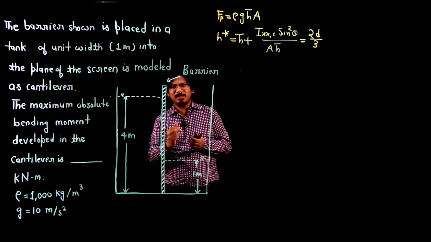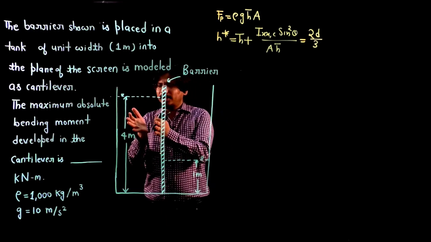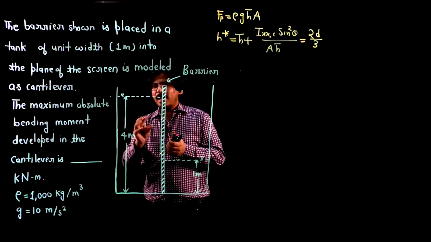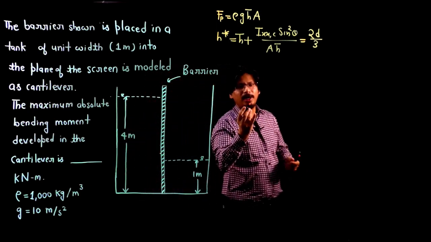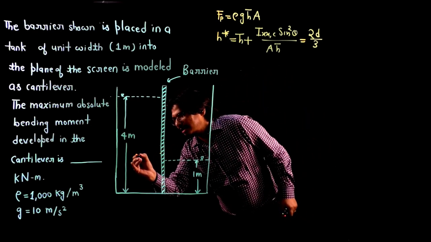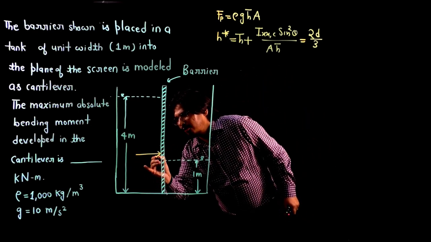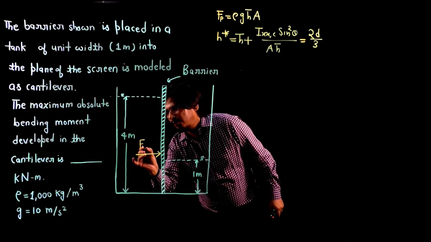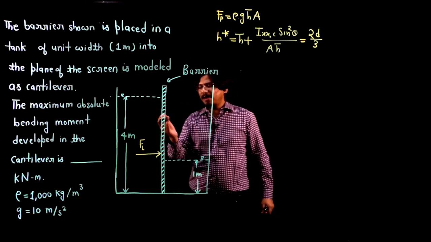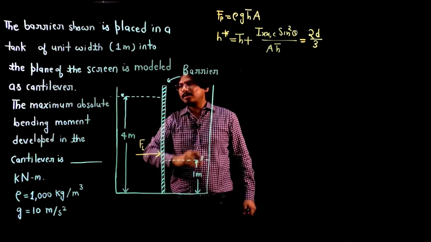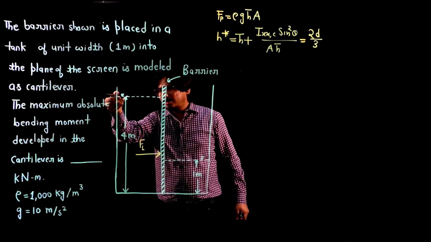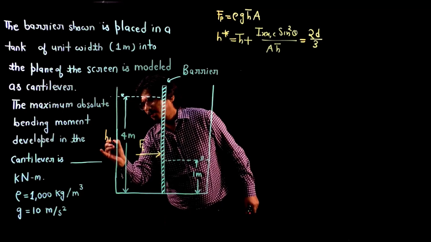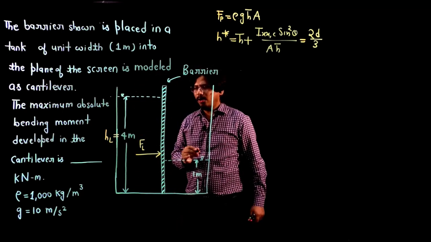So let us try to understand what will be the point load acting on the left face of the barrier by this left side water. So let me say FL is the force applied by this left side water on this left face of the barrier, and let me assume the depth of the water in the left side of the tank is HL. So basically I am assuming HL is equal to 4 meter.